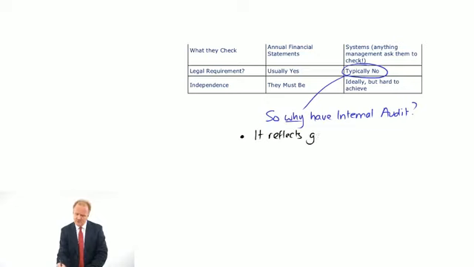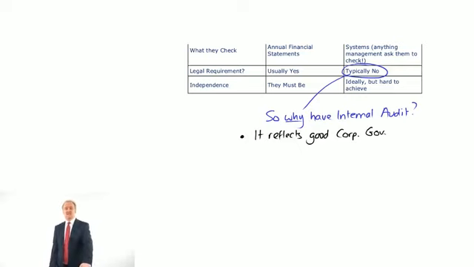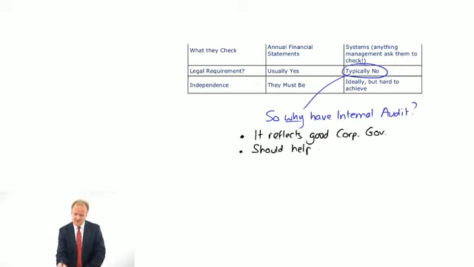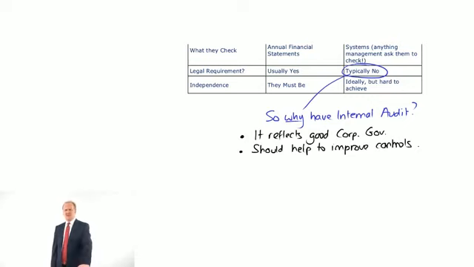It reflects good corporate governance. It looks good. It is a recommendation to have it. It gives assurance to your investors that you take controls and risk management seriously. As a result of that, it should help to improve your controls. But you might think, I don't need my controls improving. My controls are fabulous.